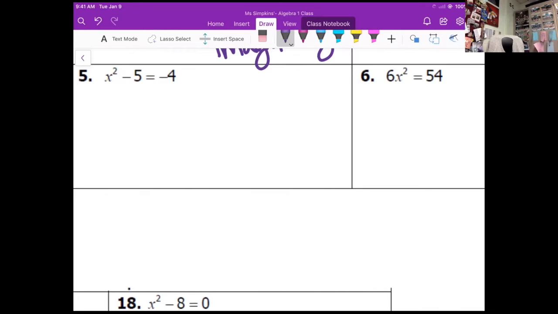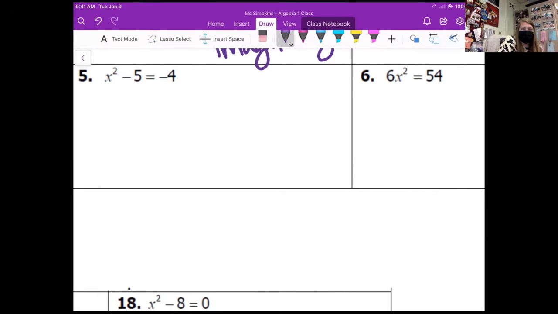You don't know? You pretty much know. Yeah, Tatum, but make sure you include the negative also. That's right, Didon, good job.